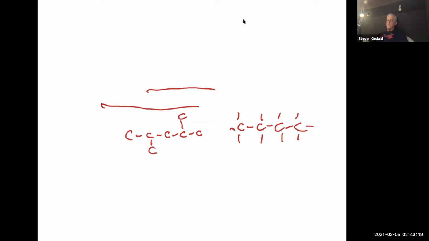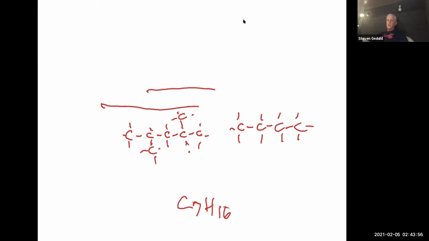You have 1, 2, 3, 4, 5, 6 carbons. No, how many carbons did I say I had? 1, 2, 3, 4, 5, 6, 7 carbons. Sorry. We have 7 carbons, and we would have 16 hydrogens: 1, 2, 3, 4, 5, 6, 7, 8, 9, 10, 11, 12, 13, 14, 15, 16.